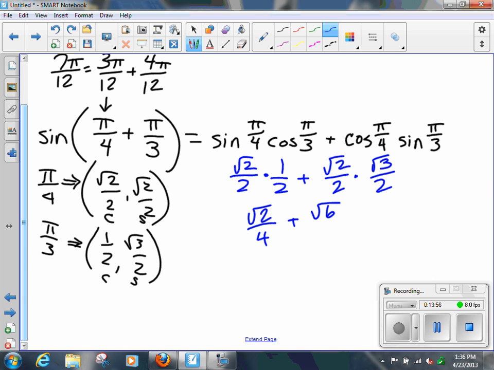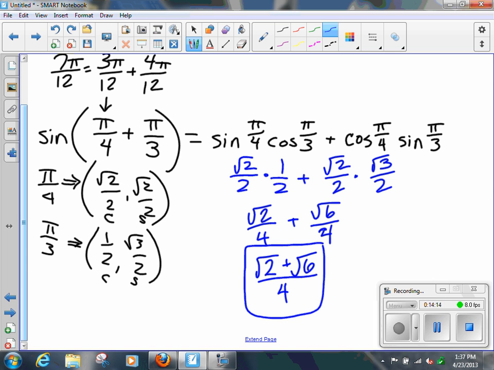It's already root 6, right? It's just multiplying, folks. And can I literally combine root 2 with root 6? No, they're not like terms. Therefore, boom. That's it.